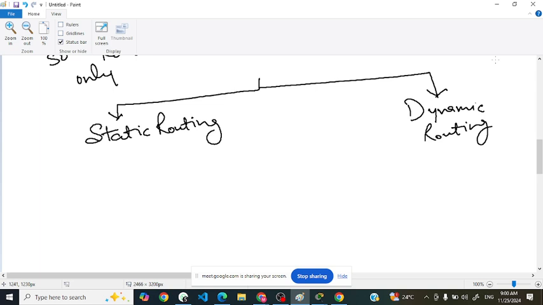That's not a perfect definition. Look here.